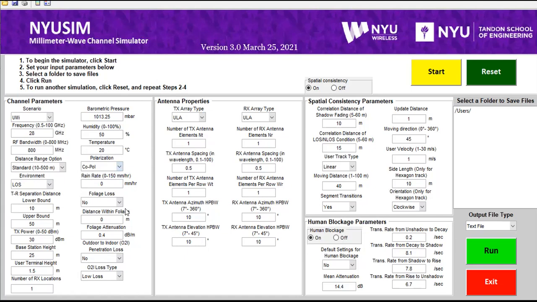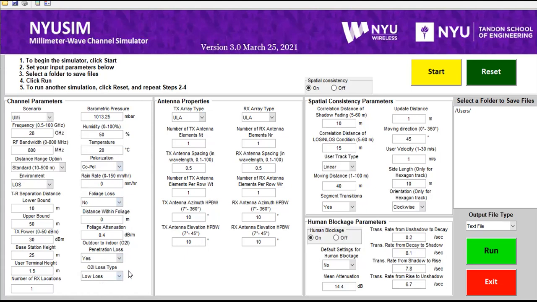Foliage loss, you can just say whether you have it or not. Distance within foliage, foliage attenuation. Well, a lot of things are there. Iteration, outdoor to indoor loss.